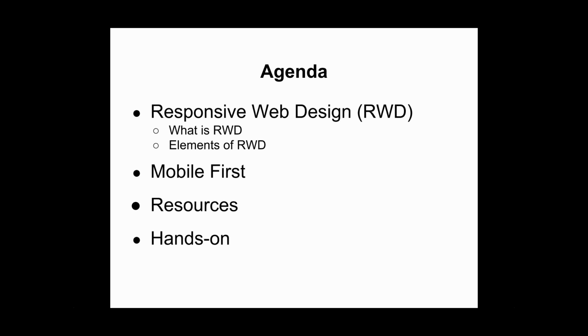I'm going to give you a huge list of resources that you will be able to tap into, great resources for you to go and learn some more about responsive web design. And then I'm going to do a hands-on demo on how to design a simple responsive website so you can see what it takes to do something like that.